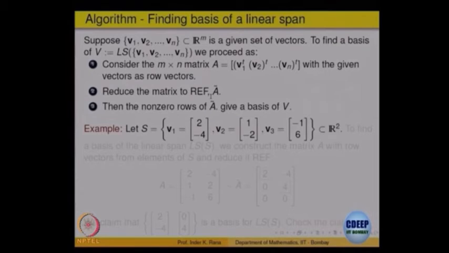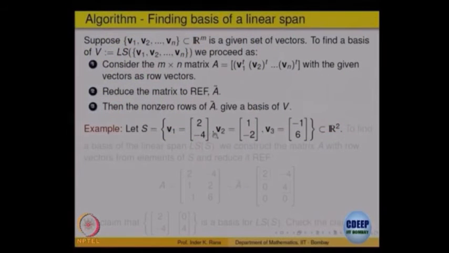The span of S should have a basis with less than or equal to 2 elements. So, the linear span of this set S can have at most 2 vectors, not all 3. I want to find some two vectors which will give me the span of S.